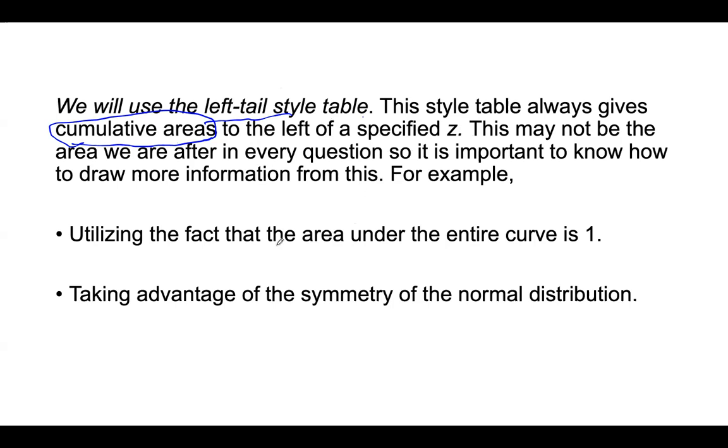Utilizing the fact that the area under the whole curve is 1, we take advantage of the symmetry of the normal distribution. Remember that it looks like this, where in the center, our Z is equal to 0. These are our positive values, and these are our negative values. So there are negative Zs on this side.